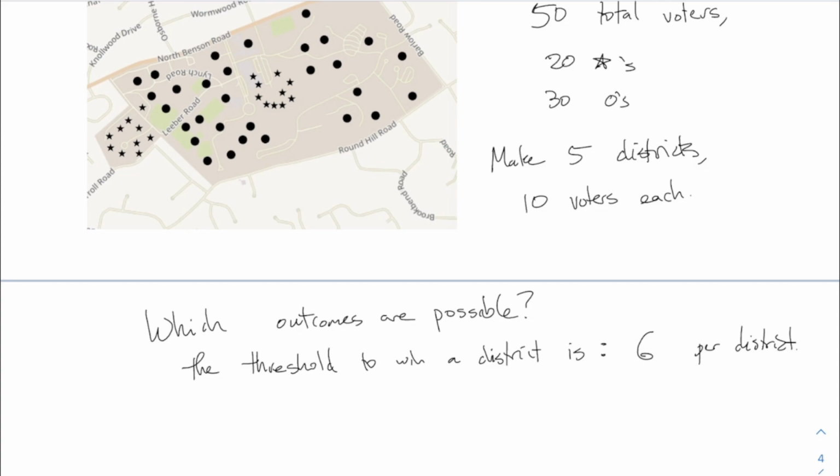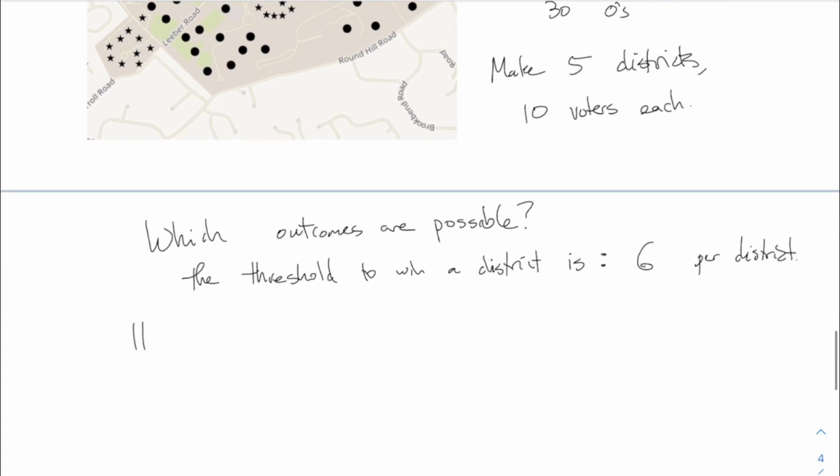So for example, for the stars, is it possible that the stars could win 0? Well, yeah, sure. Is it possible the stars can win 1? Yes. Can the stars win 2 or 3 or 4 or 5? Those are more interesting questions. How many can the stars win?